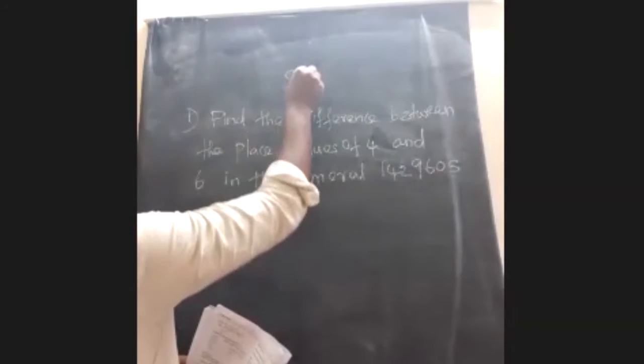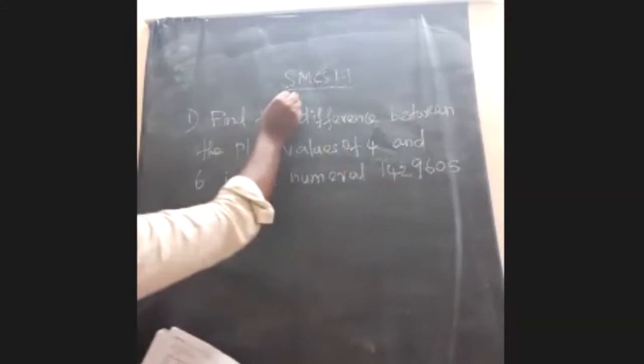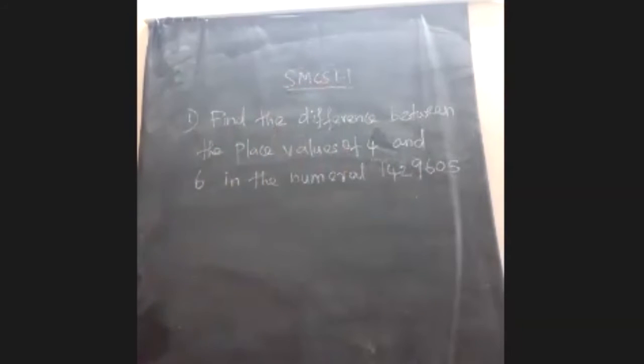This is our exercise 1.1, it will be there in your 7th Maths book. So start to find the answer. Find the difference between the place values of 4 and 6 in the numeral 1429605. Everyone please write the question and then find the answer. I will take the screenshot.